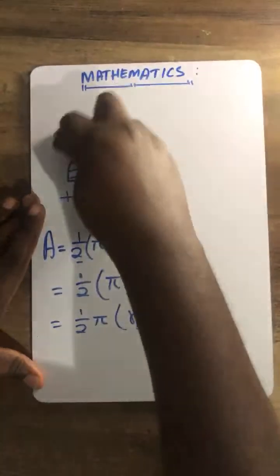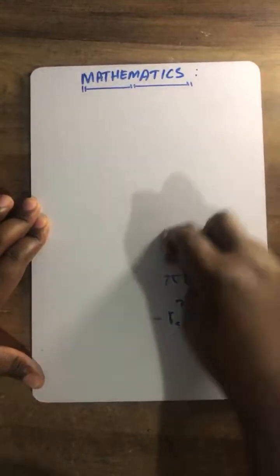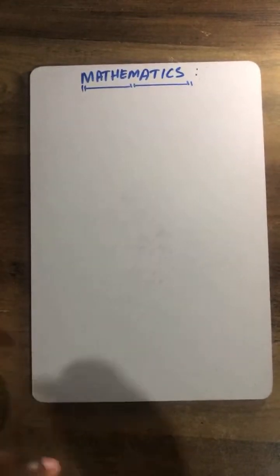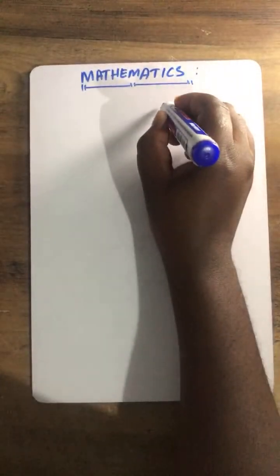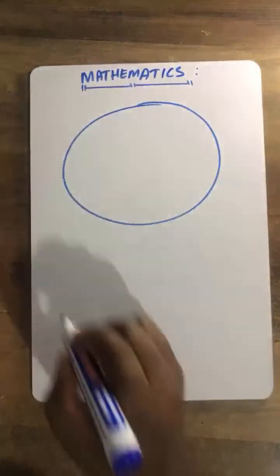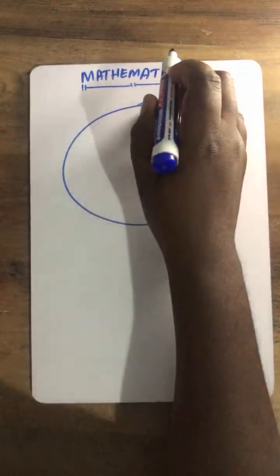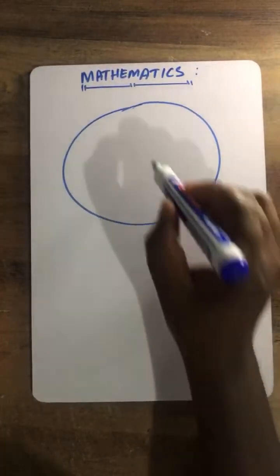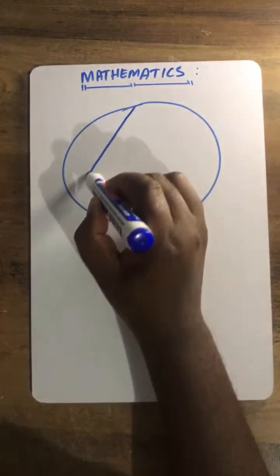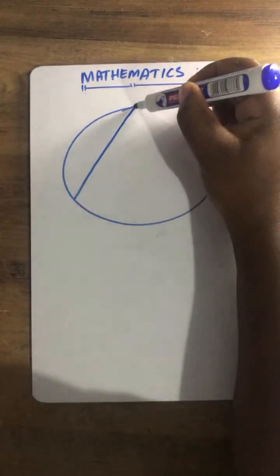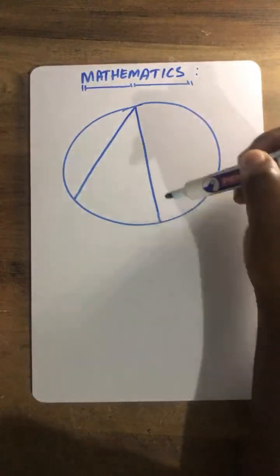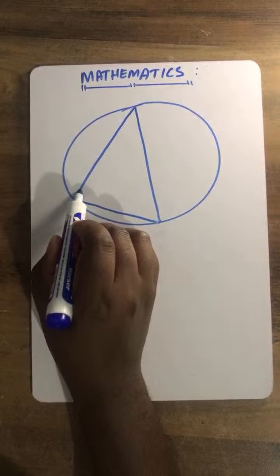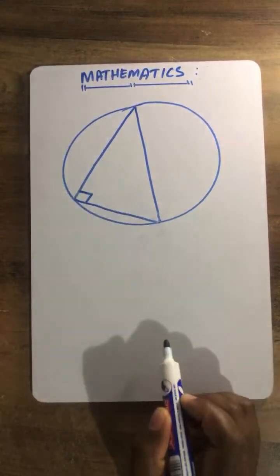So here is the last one. I wonder if this is a circle. There we've got a circle. And then all of a sudden we have that, where that is 90 degrees there.